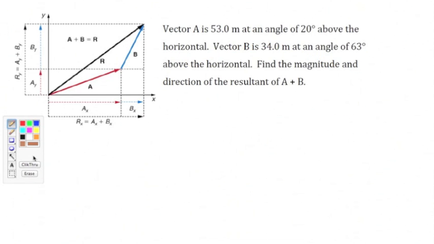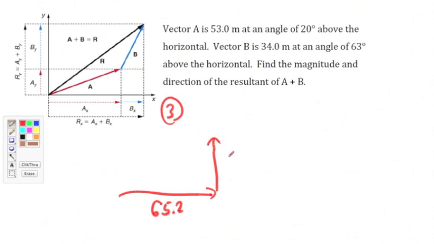But in some cases, you will be asked to combine these into a single vector. In other words, combine into our diagonal. That was our step 3. So, okay, if we've figured this out, all we have to do now is take our 65.2 and our 48.4, and one of the lovely things about this is I don't have to worry about drawing it to scale anymore.